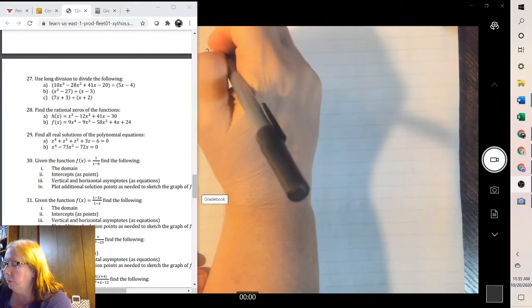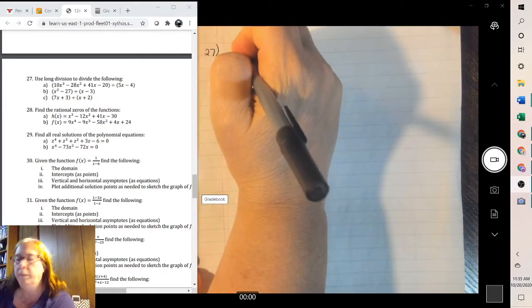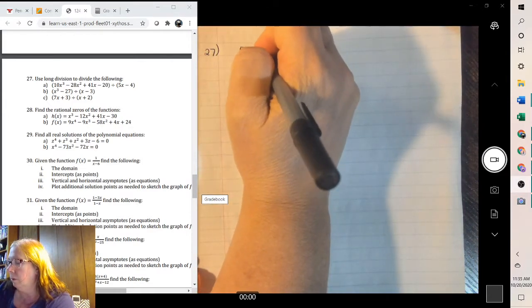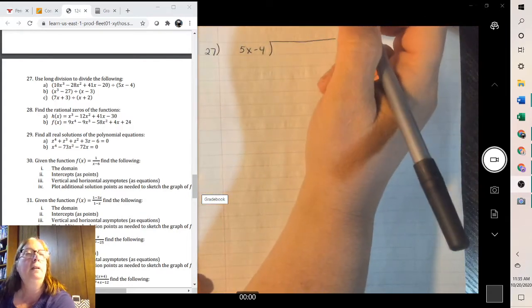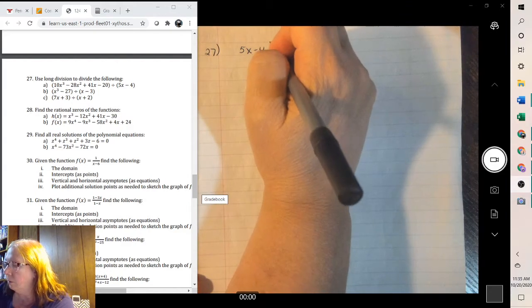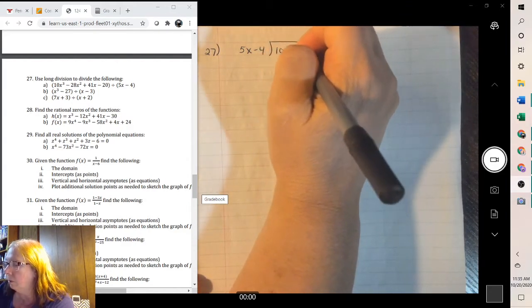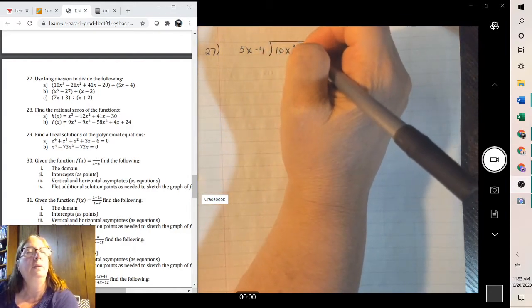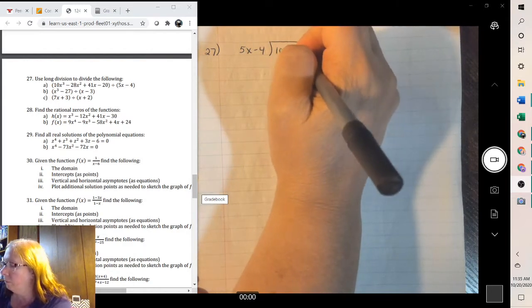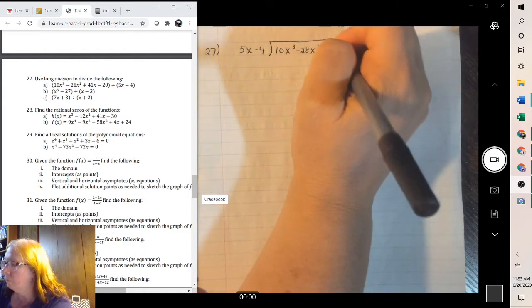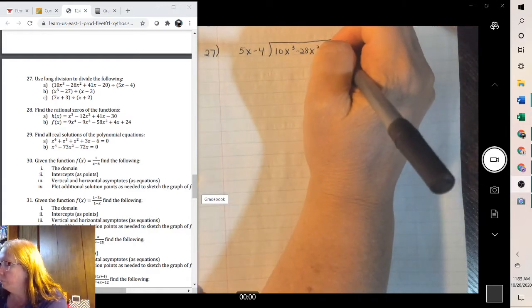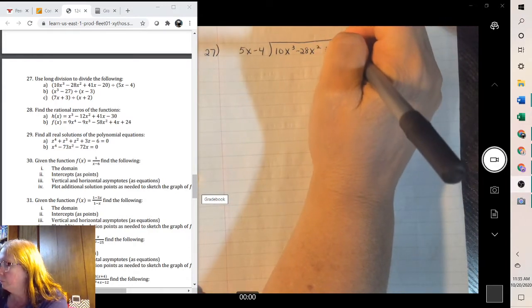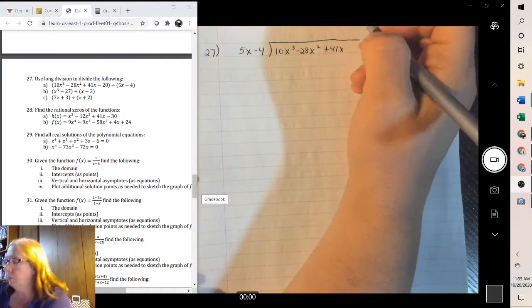So when you're using long division, the part you're dividing by goes on the outside, and then we'd have 10x cubed minus 28x squared plus 41x minus 20.